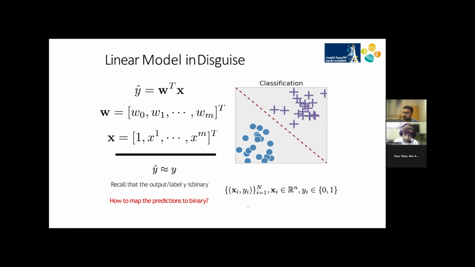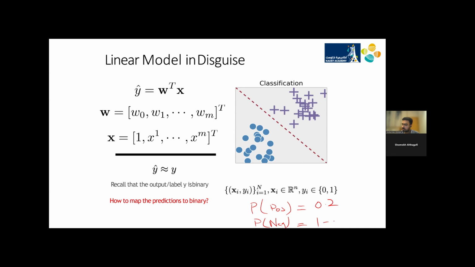If the probability of the positive class is, let's say, 0.2, then most definitely the probability of the negative class is 1 minus 0.2, and this would be 0.8. So the probability of the negative class is higher, 0.8, so this object belongs to the negative class.